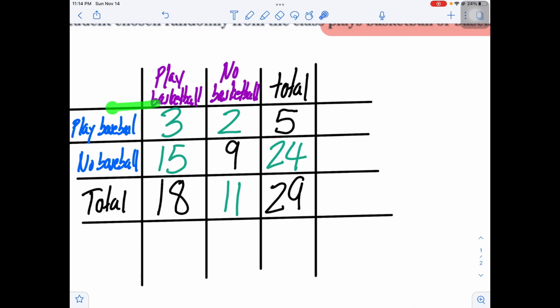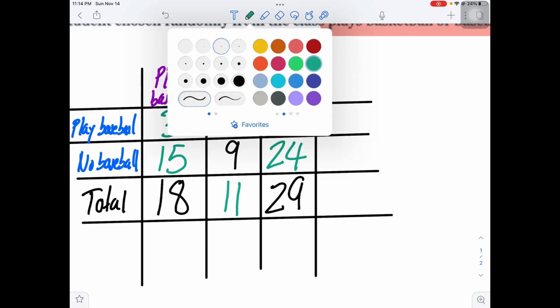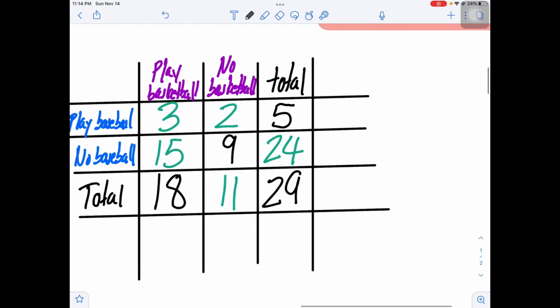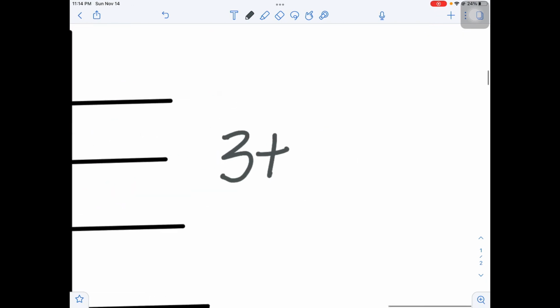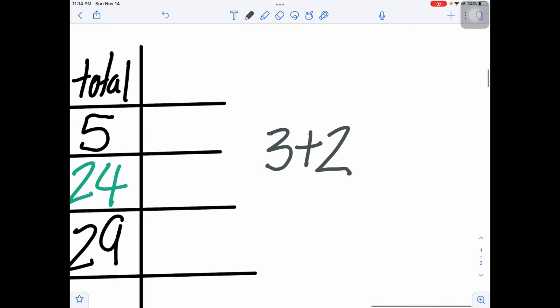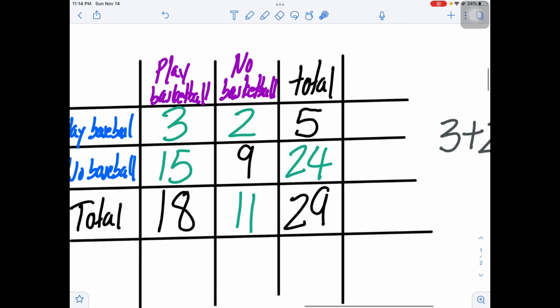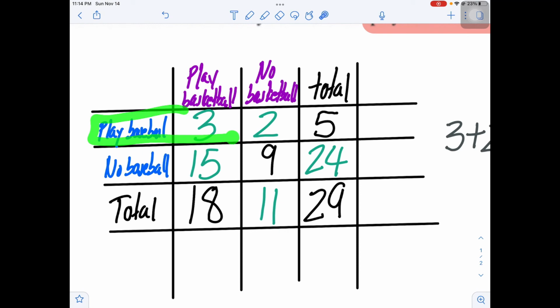On the side here, I want you to put 3 plus 2. Those are the ones that play baseball, right? 3 and 2. Again, you're thinking, Mister, just put 5.